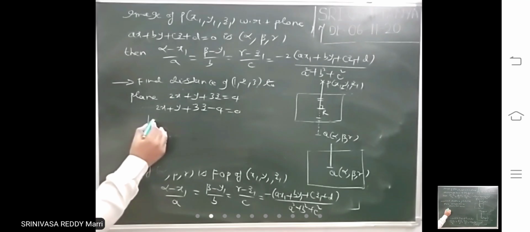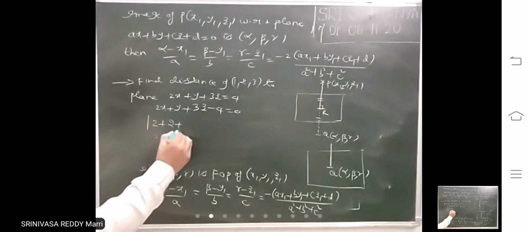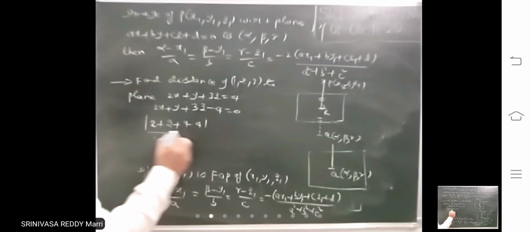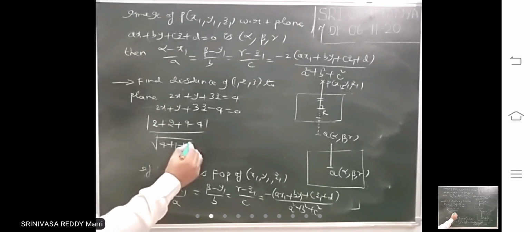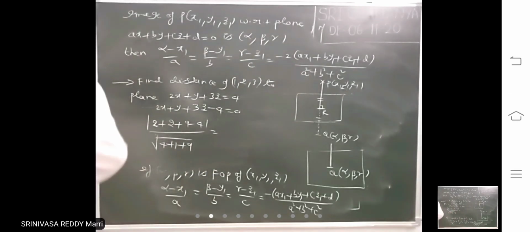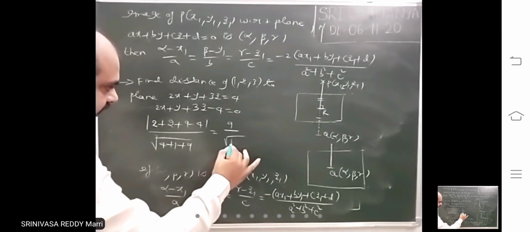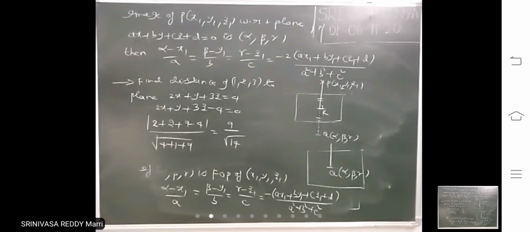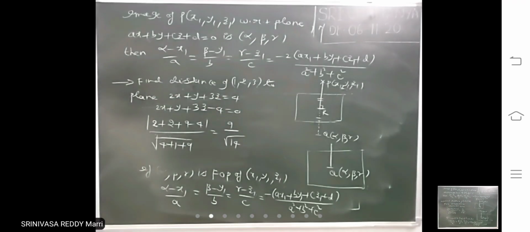Substitute this point, just as in straight lines: 2 plus 6 plus 9 minus 4, divided by root of 4 plus 9 plus 9. So you will get 9 divided by root of 14. This is the perpendicular distance. When he gives distance, by default you have to write the perpendicular distance.